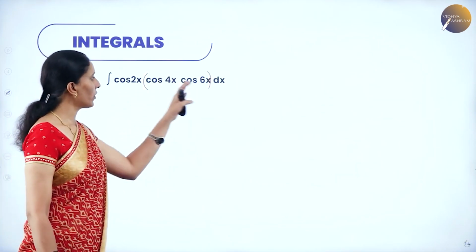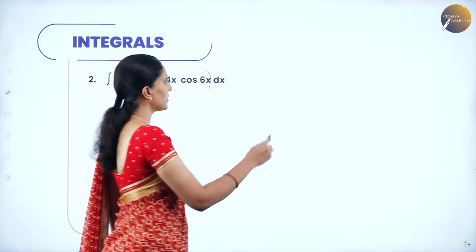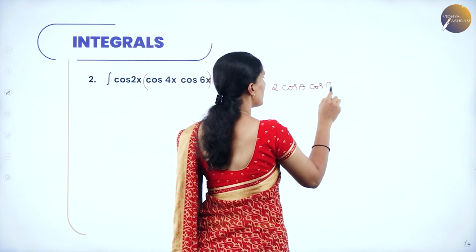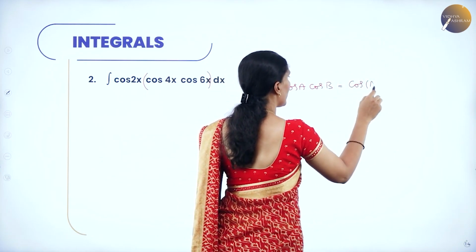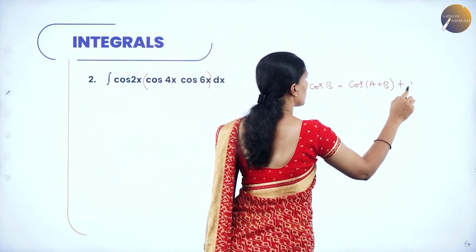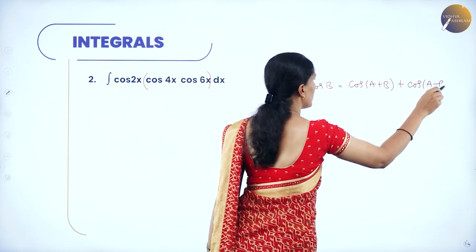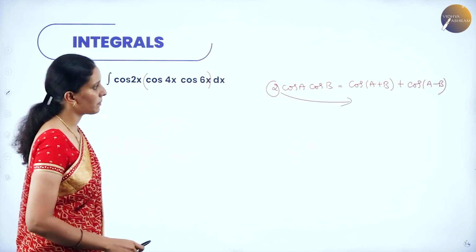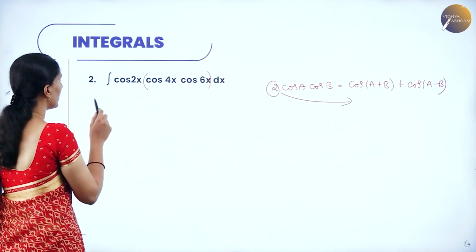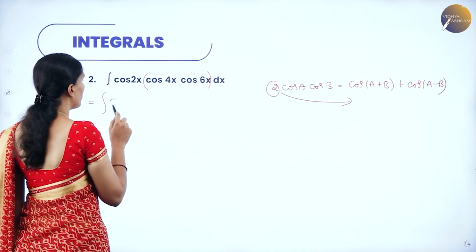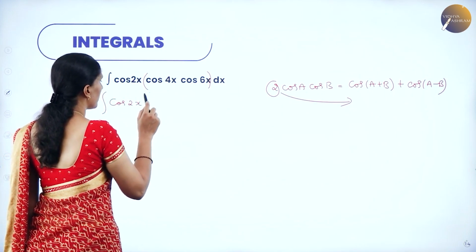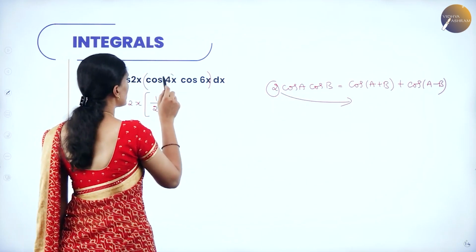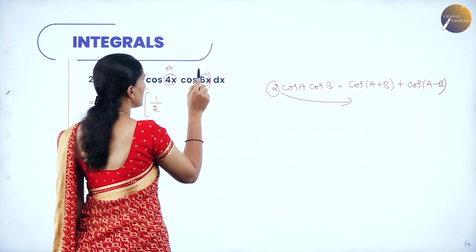Next we have cos 4x into cos 6x. So let us use the formula 2 cos a cos b, which is nothing but cos(a plus b) plus cos(a minus b). Now I can shift 2 here, so it becomes half of cos(a plus b) plus cos(a minus b). So here I can take the integral of half of cos(a plus b), where this is a and this is b.